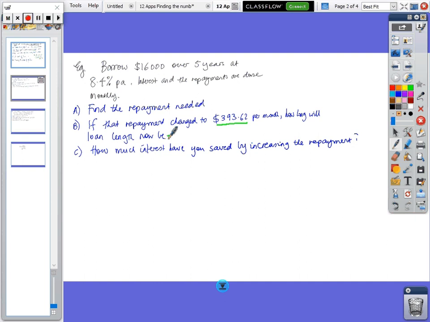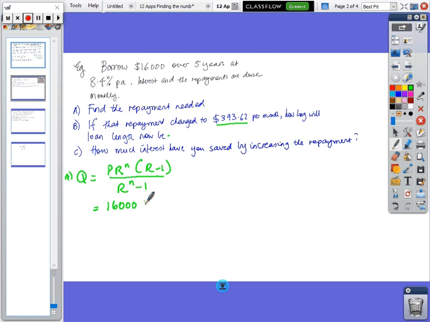Okay, so to find the repayment, we're going to use the formula from a previous video, PRN(R minus 1) over R to the N minus 1, and that'll give us our answer to part A. So P is 16,000.